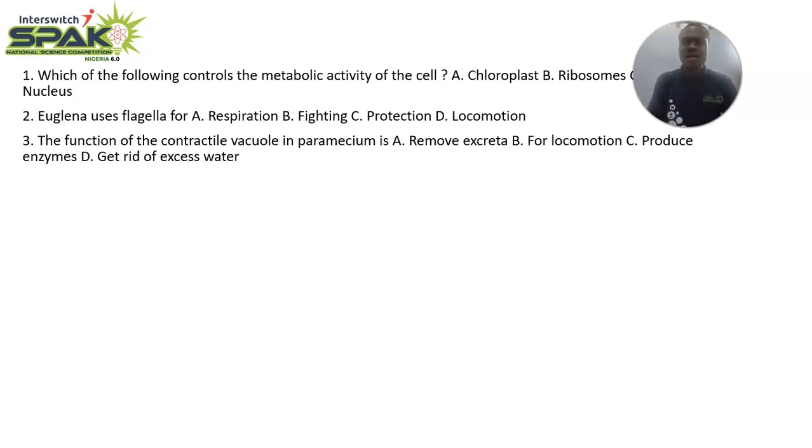When the contractile vacuole becomes completely filled with water, it breaks down to discharge the water to the exterior, after which another contractile vacuole will be formed. So the function of the contractile vacuole in paramecium is to eject water, to get rid of excess water.